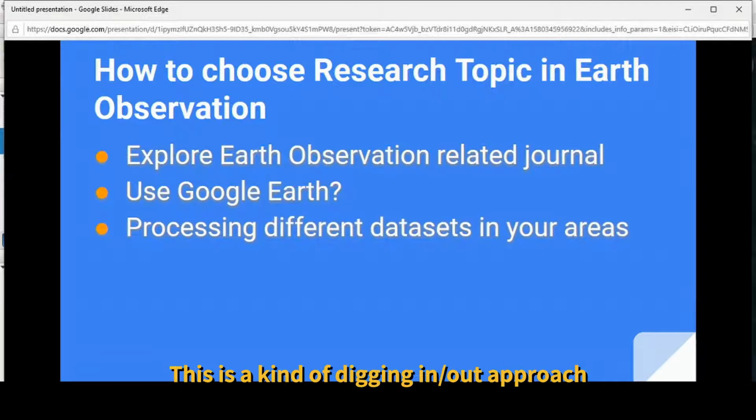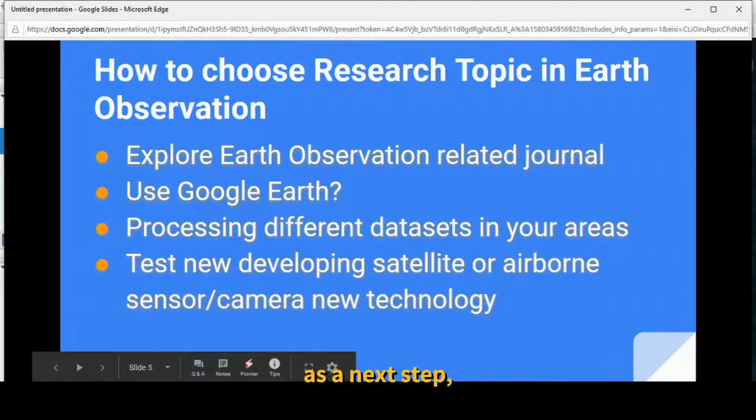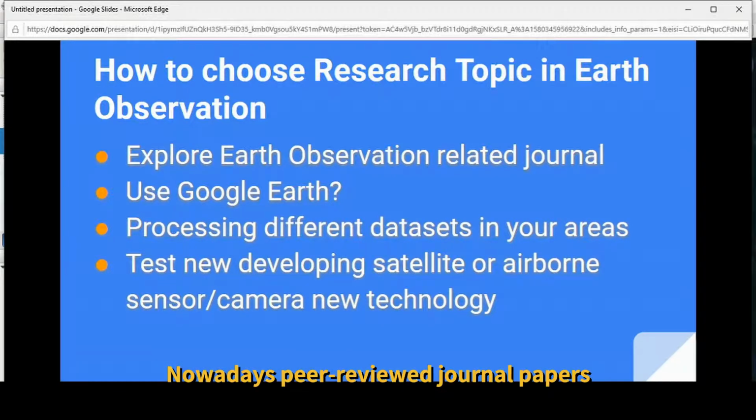Once you find any good result from a different type of sensor, then you start to build up your own research path, the research topic, the direction. So as a next step, nowadays there are so many good papers in peer-reviewed journals that are willing to test and develop satellite and airborne sensors and technology.